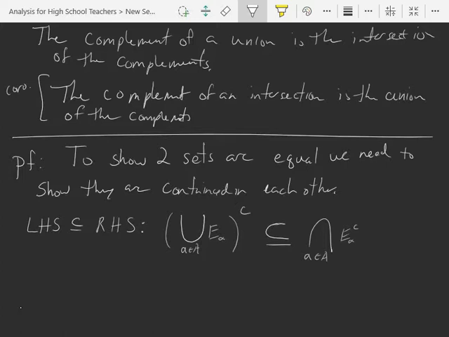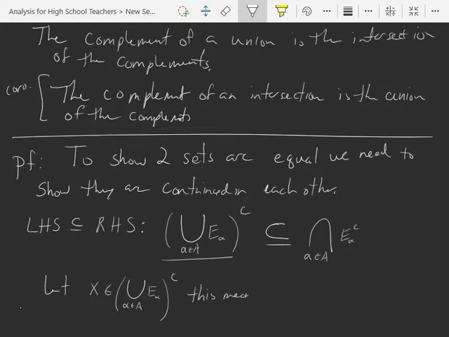Okay, so what we have to do is take an element from the left-hand side. So we're going to let x be in the left-hand side, the complement of the union over alpha in A of E sub alpha.